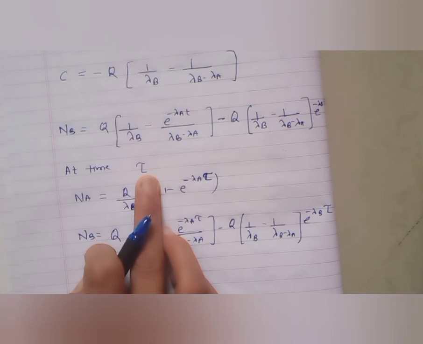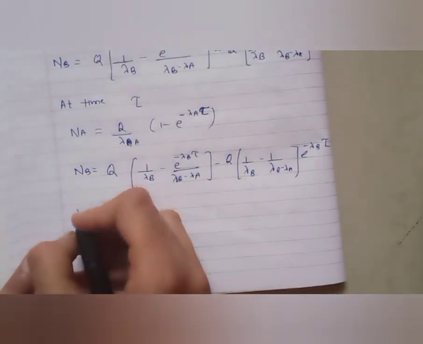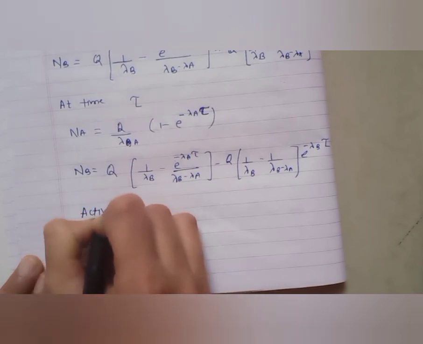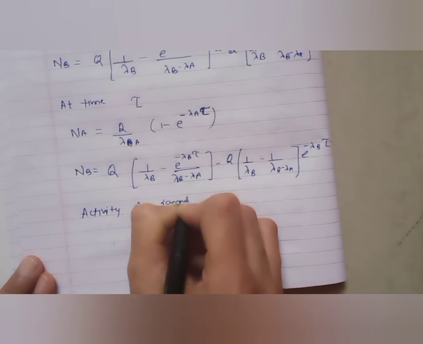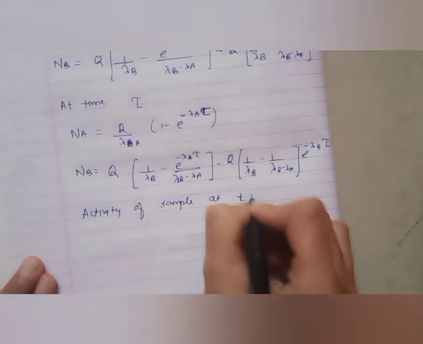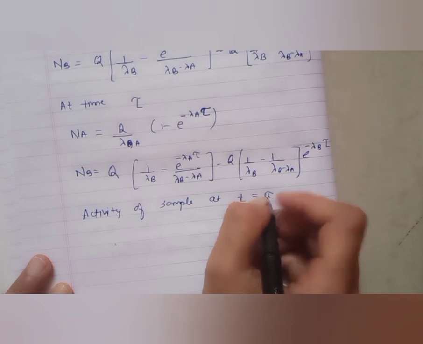Now what we have to find in the numerical is the activity of the sample at t equals tau. So what is the formula for that activity?